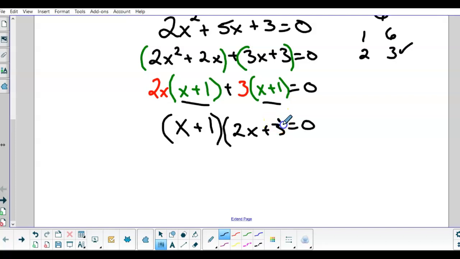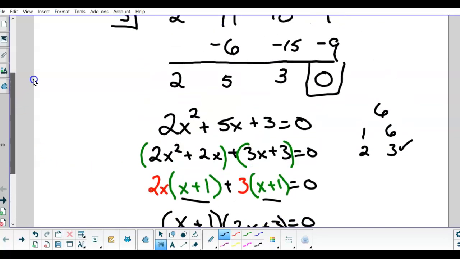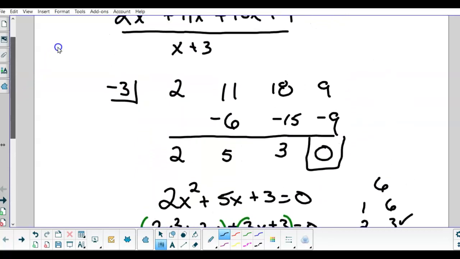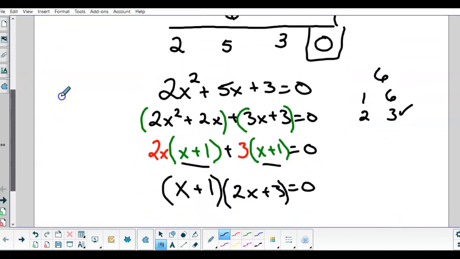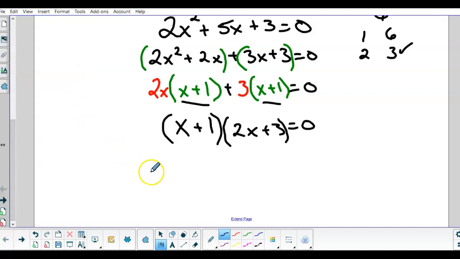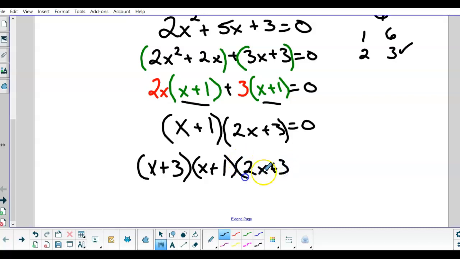So now I actually have all my factors for that polynomial. That means I need to use the first factor that we used to divide, which is x plus 3, which came from up top, x plus 1, and 2x plus 3 are all my factors.